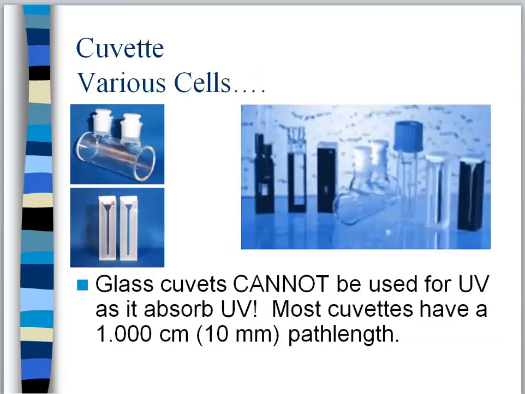Here's another picture of some different cuvettes that may be out there. We see some that have these strange little tops on them. Some of these are specially made for gas samples and not liquid samples. Some of these, though, are larger, and these are really good for very weak solutions, and that's what you're seeing up here. So this is a cuvette as well.